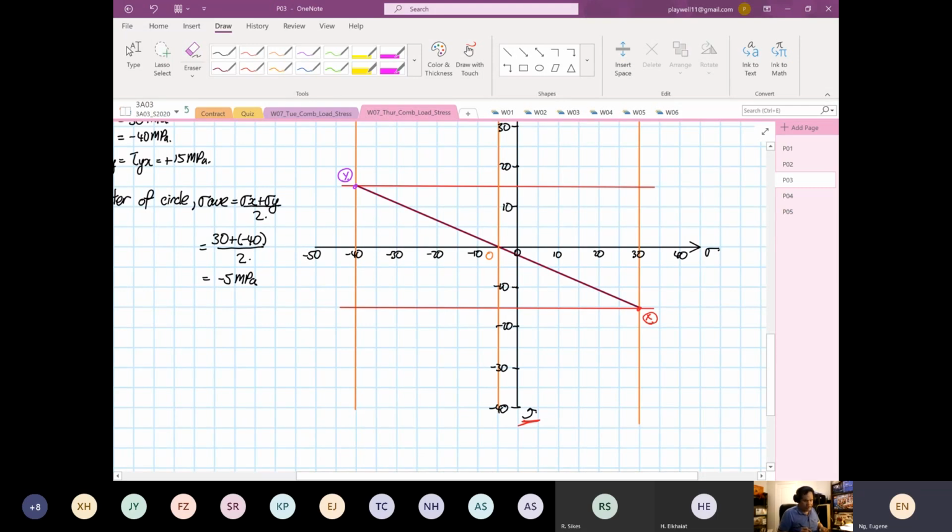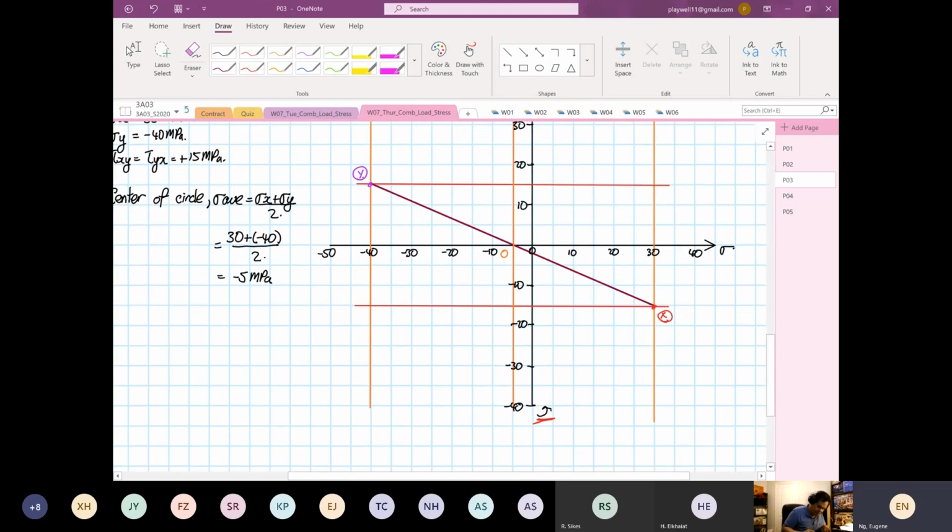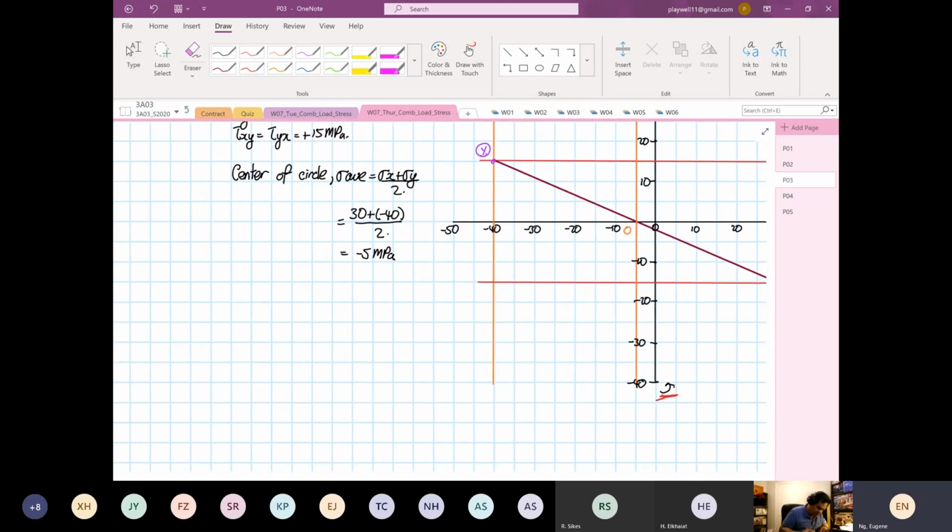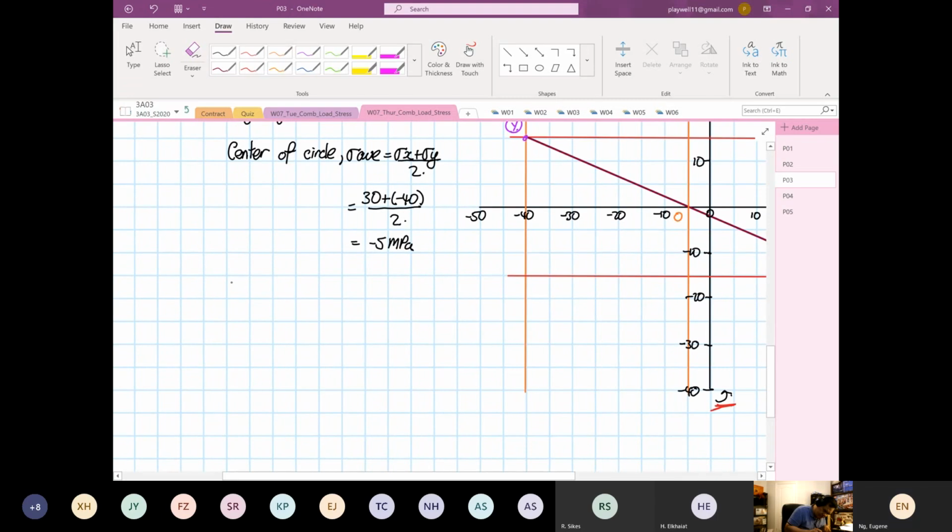The next thing that we're going to do, we're going to calculate the radius of the circle. This corresponds to your tau max.